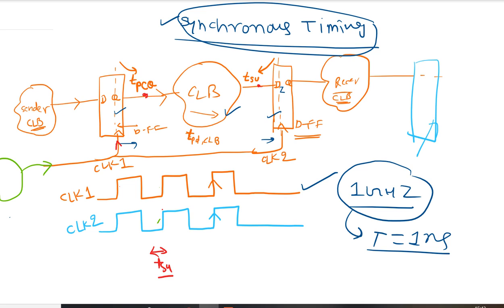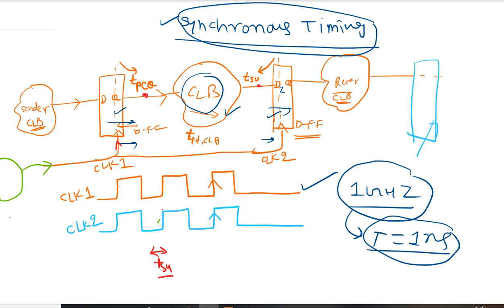Now you have to design the CLV such that it will not violate the rules of setup time and hold time. We call that setup time violation and hold time violation. Or, in a simpler manner, we can say that the 1 nanosecond time period should be enough to send the data from sender to receiver.